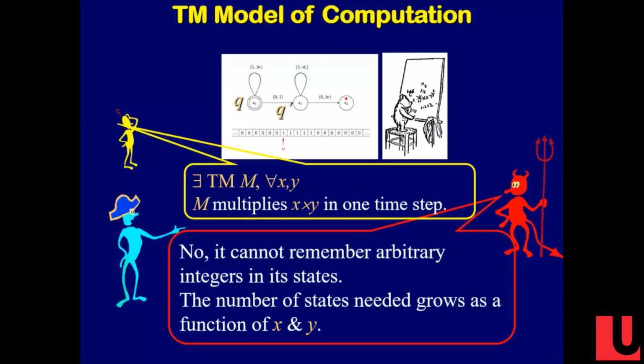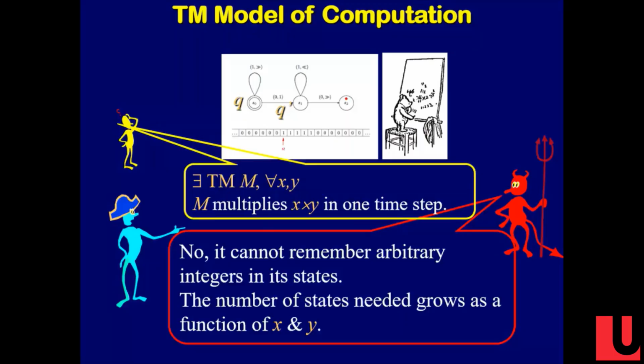Let M be an arbitrary Turing machine. Let k be the number of states. In fact, I'm going to cheat a little bit. Let's say k squared is the number of states.